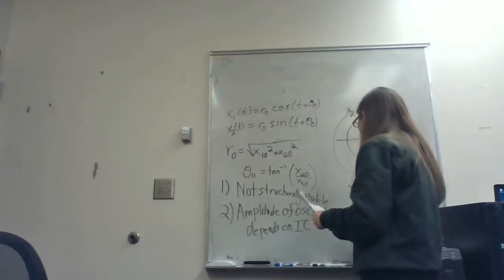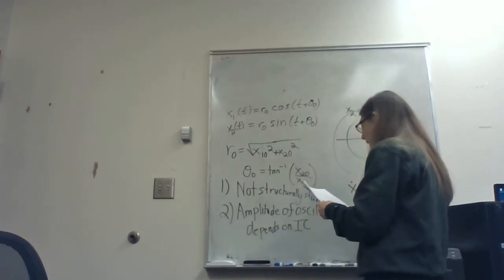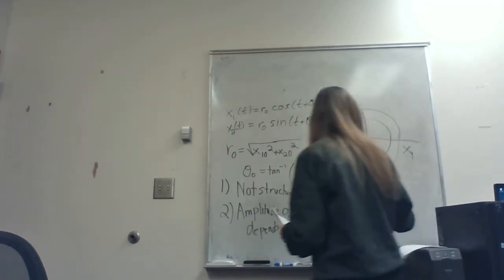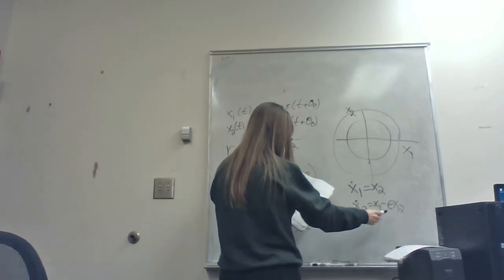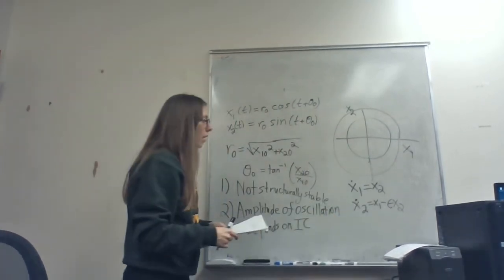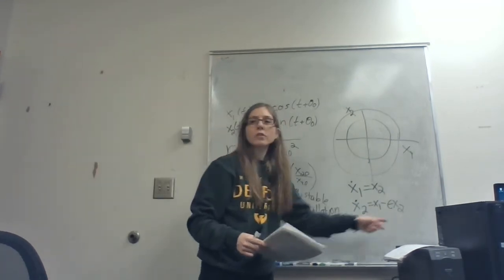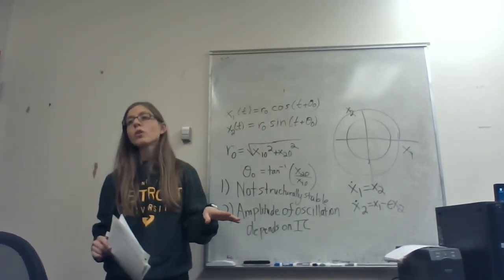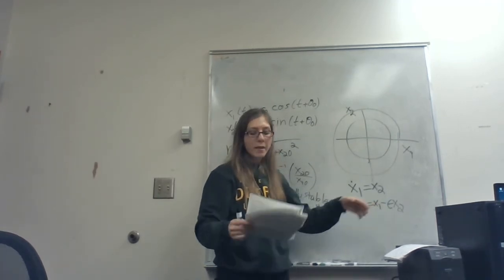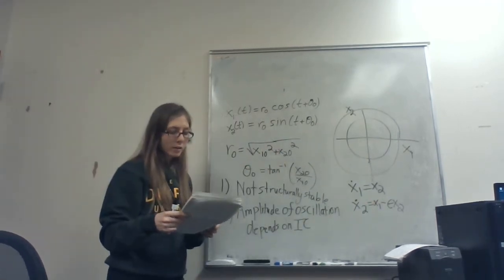So imagine that we take the exact same thing we just had, but we add this very, very teeny tiny perturbation of minus epsilon x2, where epsilon is so tiny. So there's almost no difference in this right-hand side compared to what we had before.